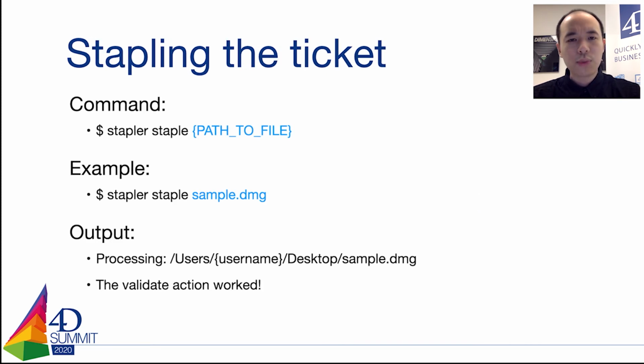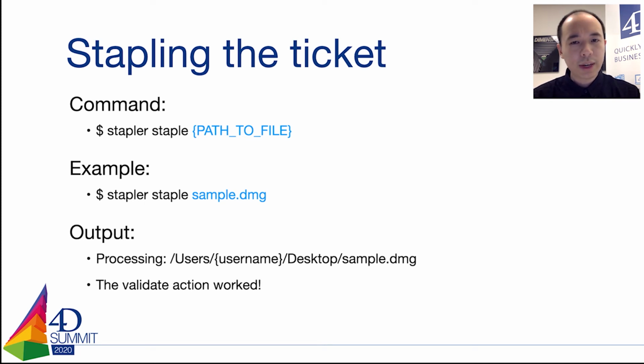And stapling. So what is the whole point of a ticket? Whenever you notarize an app, there is a ticket that is generated for that application stored somewhere online. And instead of having Gatekeeper check online whether an app is notarized, you can actually staple the ticket directly to the app itself.